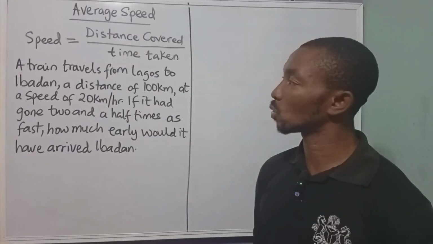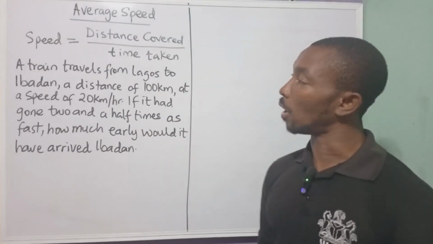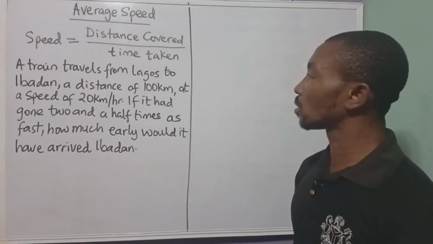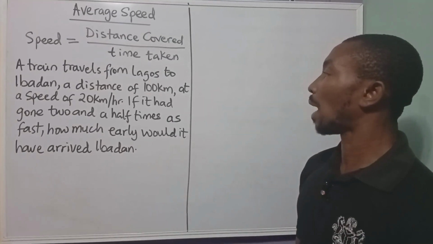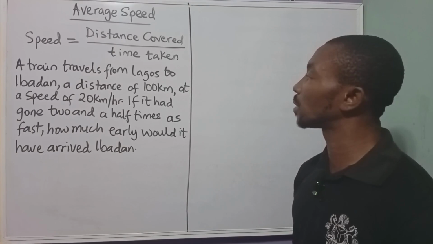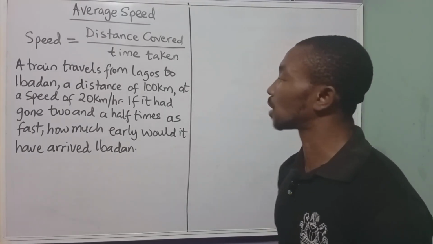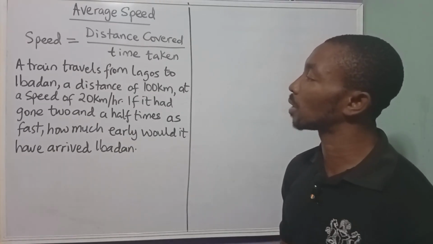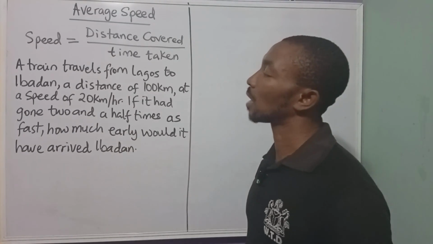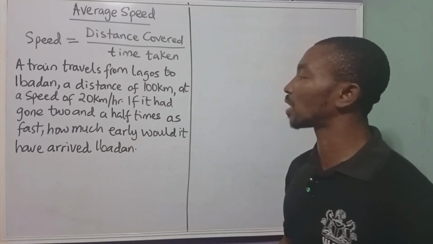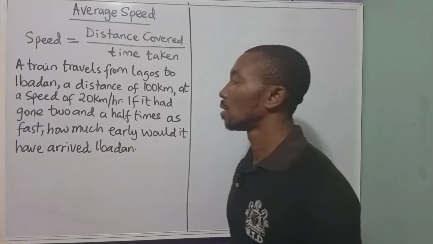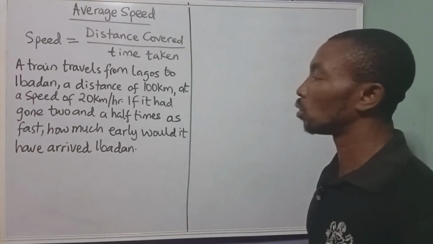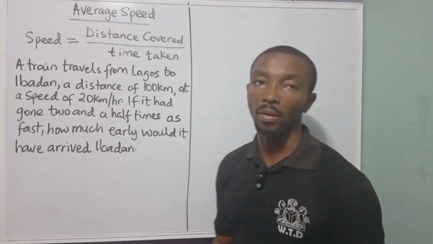Okay, looking at our next question, it says a train travels from Lagos to Ibadan at a distance of 100 kilometers, at a speed of 20 kilometers per hour. If it had gone 2.5 times as fast, how much earlier would it have arrived at Ibadan?